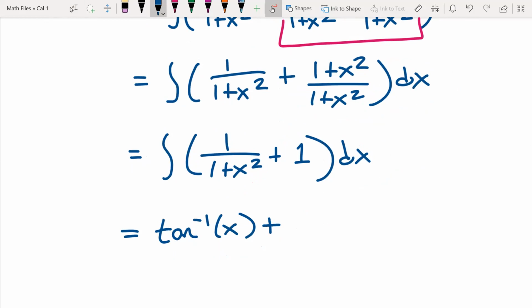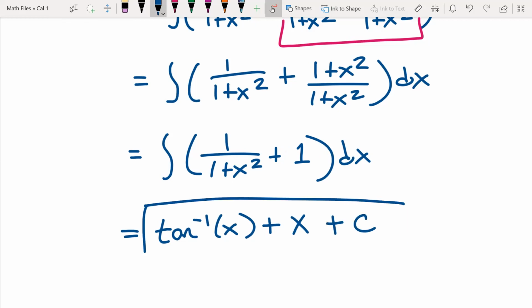Plus, 1 is a constant, so what is the antiderivative of 1 with respect to x? x. There you go. Plus c. That's it.